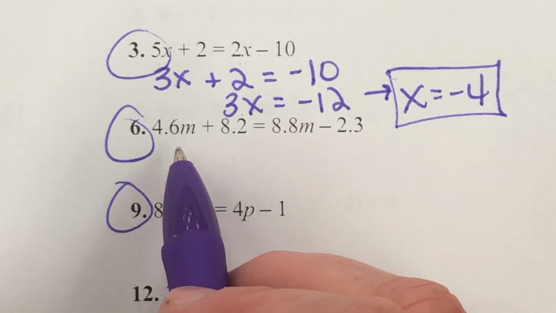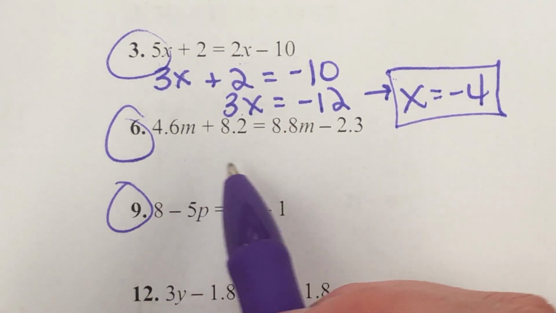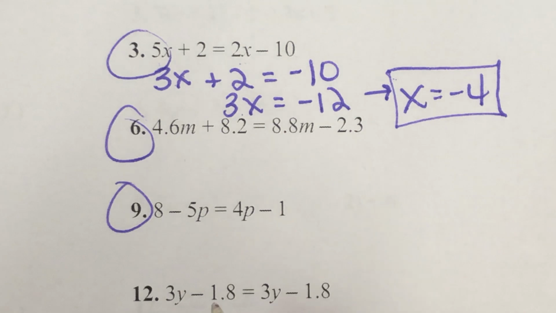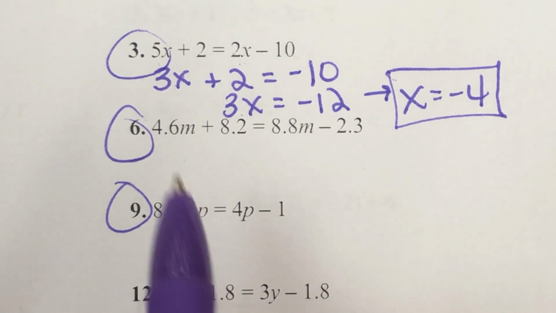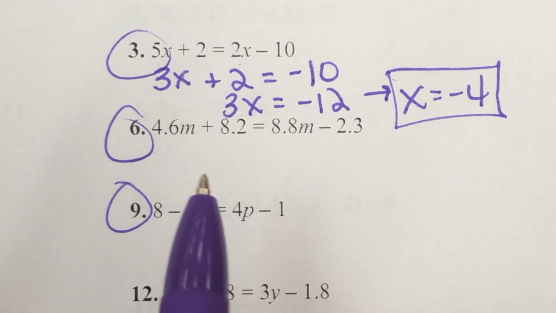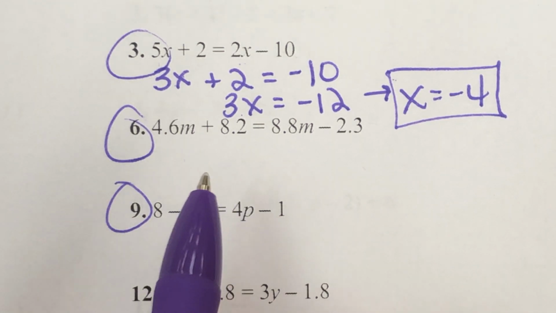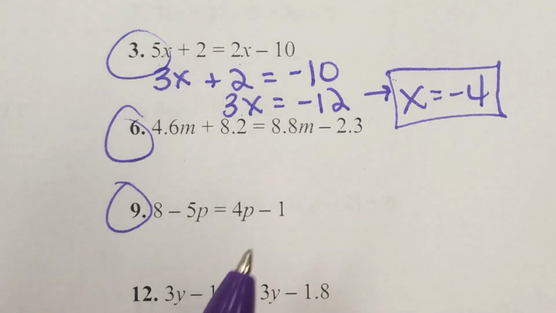Number 6, we've got some decimals. Remember, I haven't emphasized this enough, but my big rule of thumb, and some teachers are different, is if you don't have decimals in a problem, do not put decimals in the answer, okay?